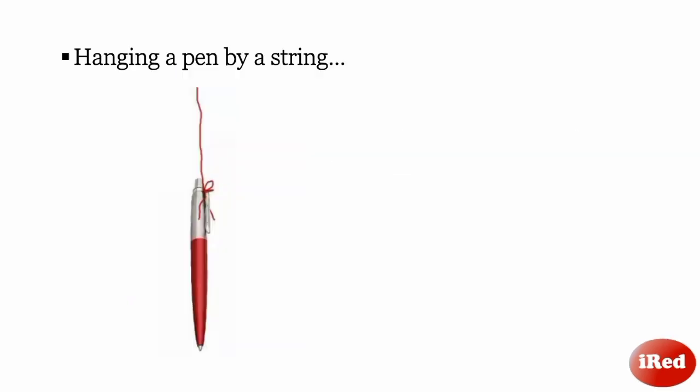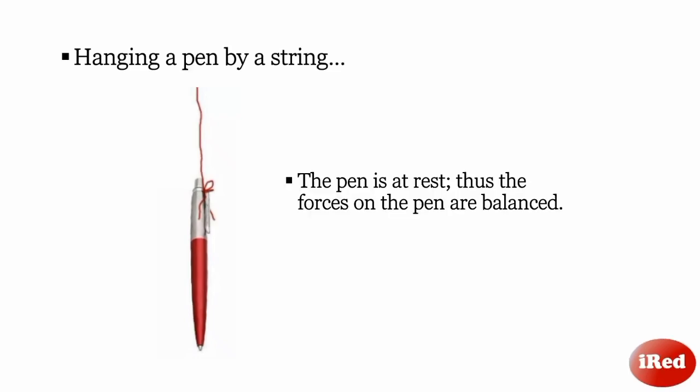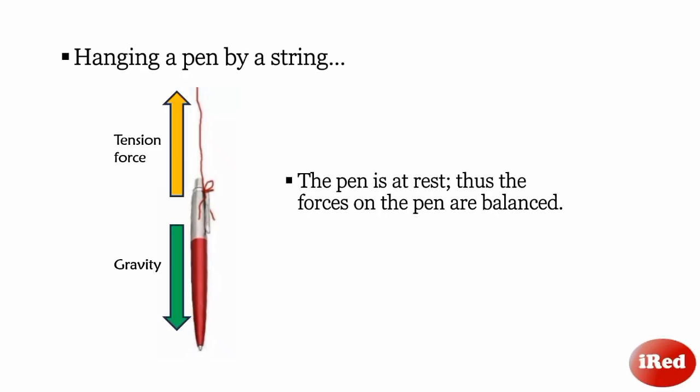Let's consider another example involving balanced forces: hanging a pen by a string. The pen is at rest, implying that the forces acting on it are balanced. What are these forces? First, gravity pulls the pen downward. The other force is the string pulling the pen upward.